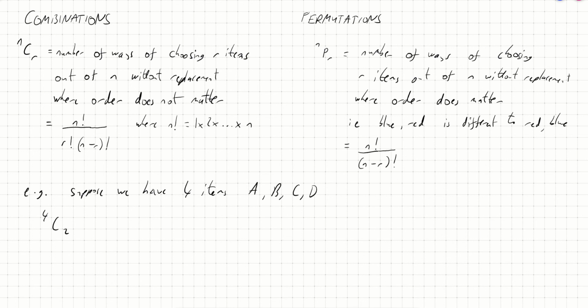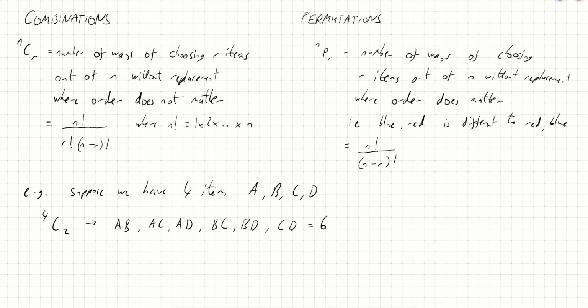So we can list these items. We have AB. We don't need to list BA because it's a combination. That's the same as AB. So we only list AB. We have AC, AD. We can have BC, BD, and CD. So they're the different pairs of items. We're choosing 2 items out of this group of 4, and there are 6 ways to do this. So 4C2 is equal to 6.